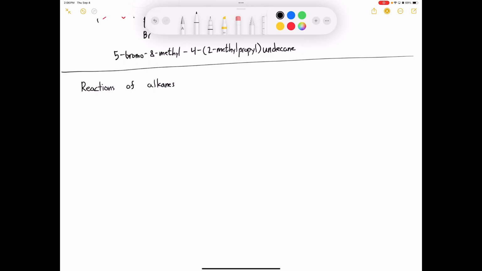Combustion. All right, so for combustion, you should be able to write the reaction. For example, CH4 plus O2 gives me CO2 and water. Is this balanced? No. So for combustion, if I give you any alkane, you should be able to write and balance a combustion reaction, and it's pretty straightforward.